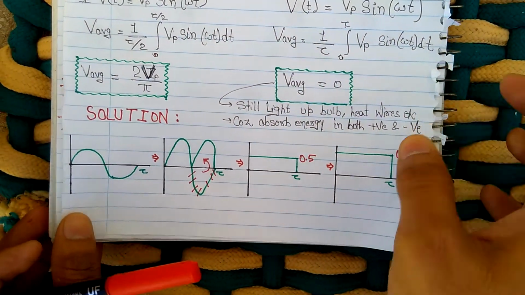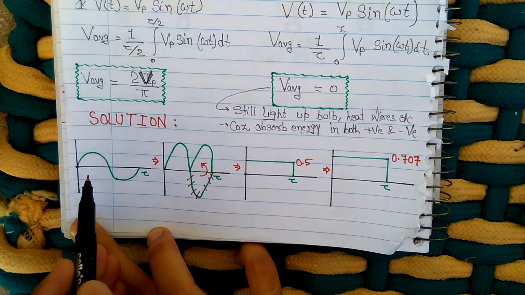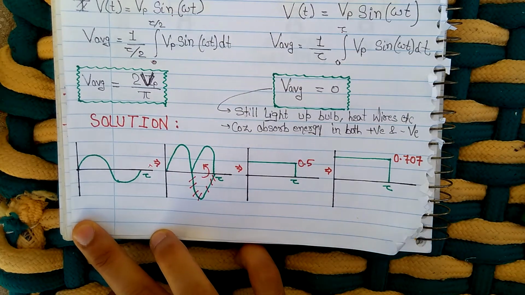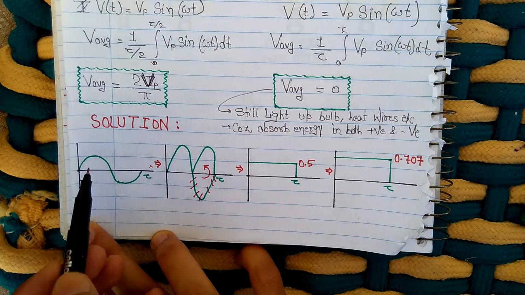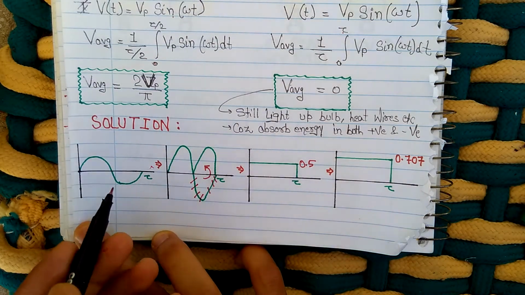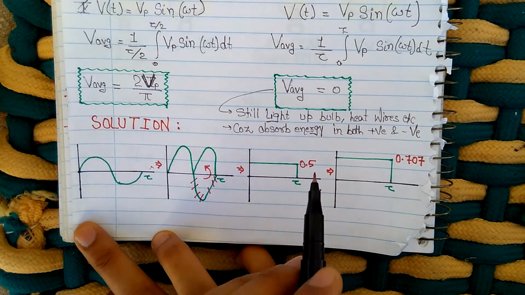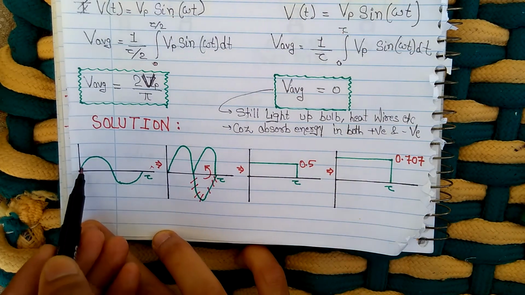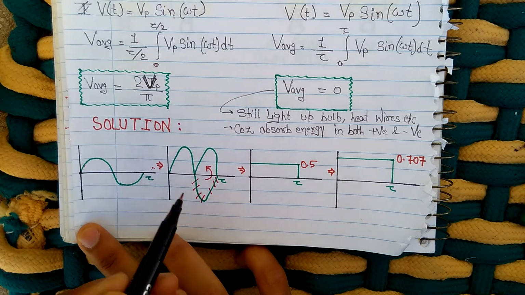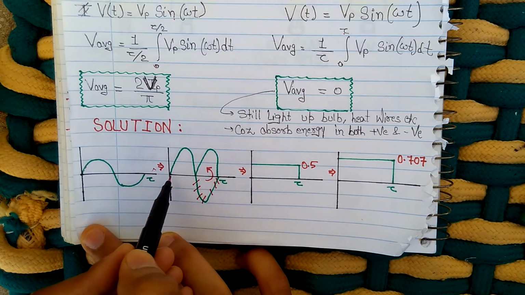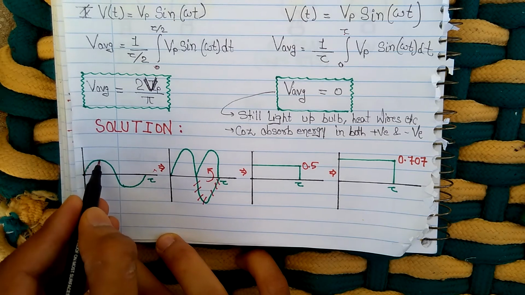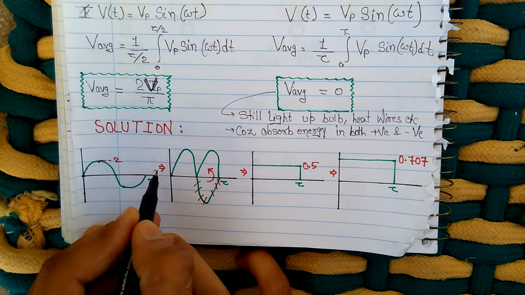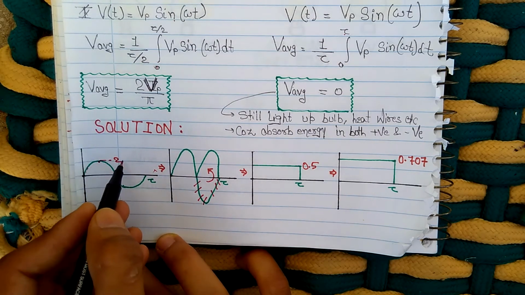Suppose this is my waveform, and you have to find out some absolute value of this. You cannot find the average value because the average is coming to be 0. Now first I'll square this waveform. After squaring, what will happen? Suppose this amplitude is 2.